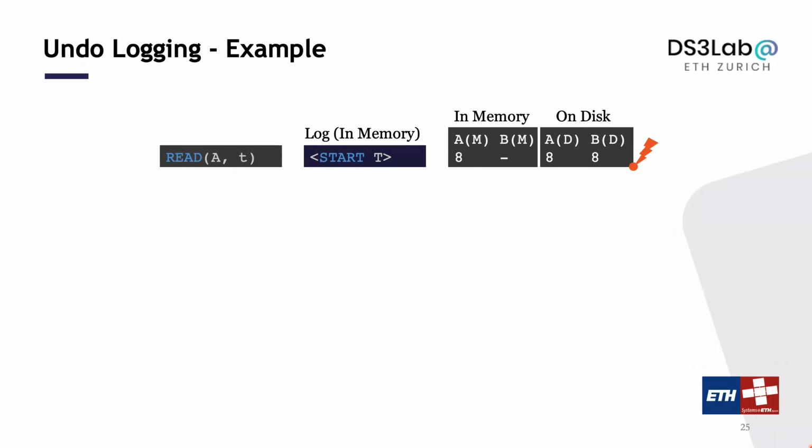There's no way that transaction T has done any changes to your database, because before it is allowed to do that, you must flush the log. Remember, that's our first condition.